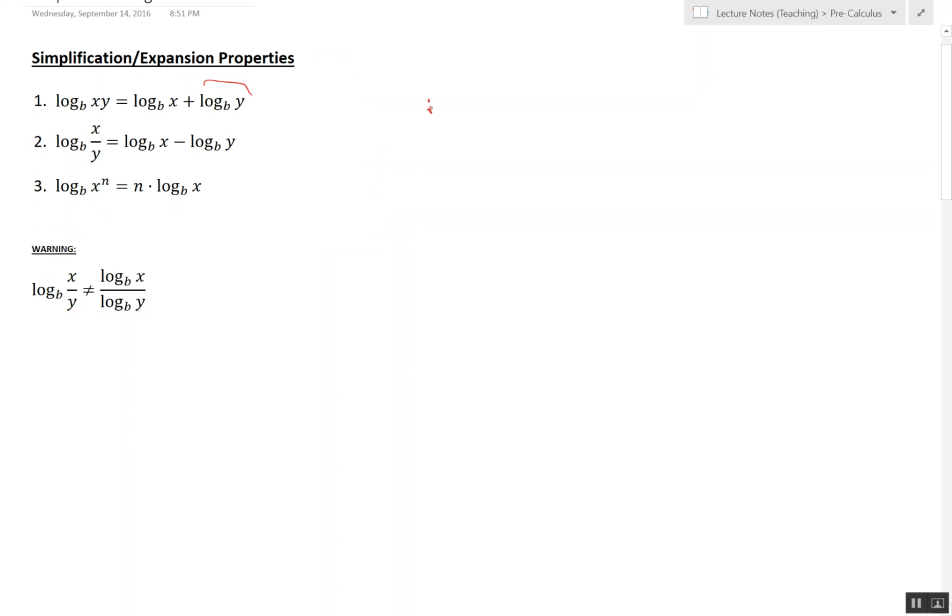And if you have a log of x to a power, well, I'll write this one out. This is an easy proof. Log base b of x to the n is just log base b of x times x times x times, and there's just n of these.